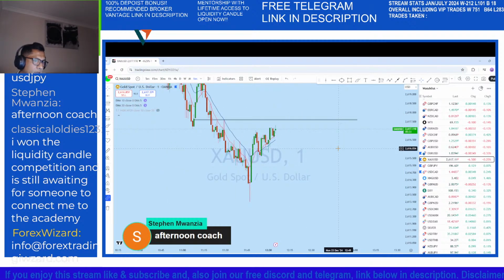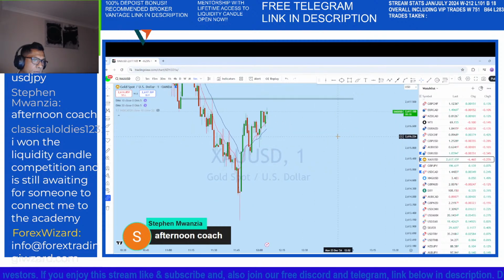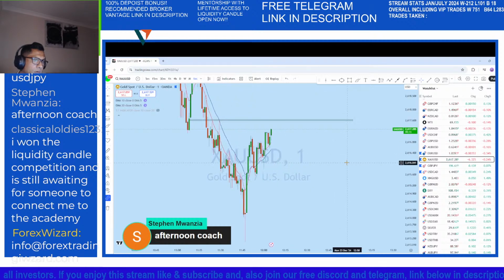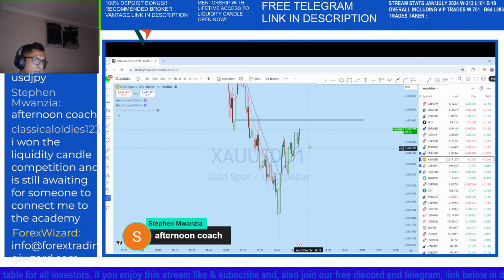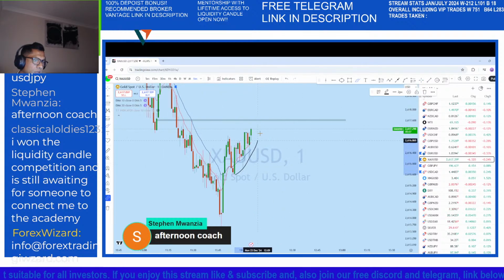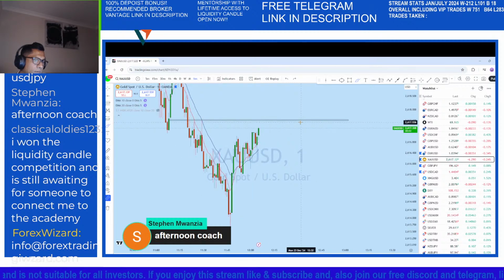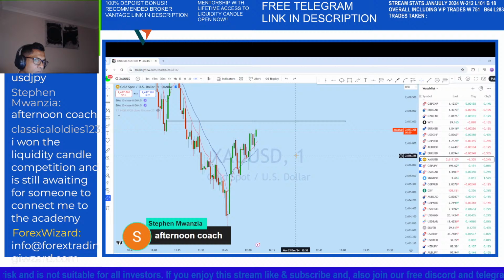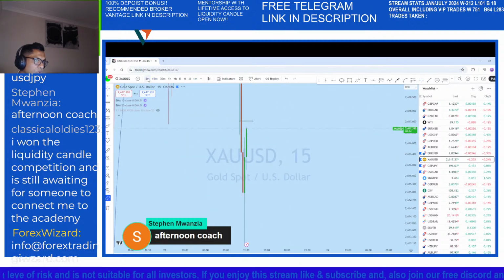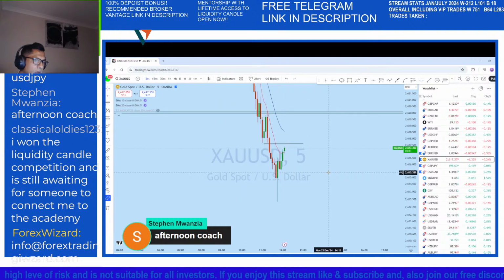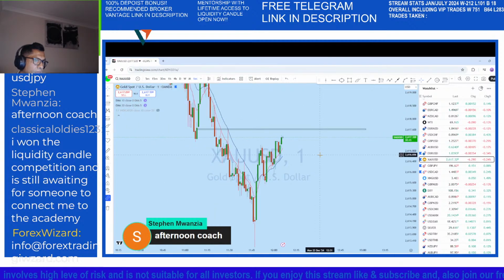And from that point of view, you can see the market is in a series of higher lows here, slowly bouncing back up, trying to bounce back up.